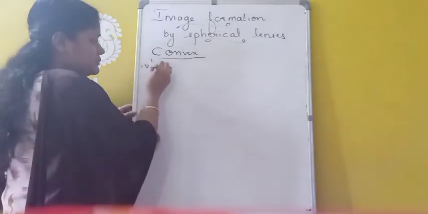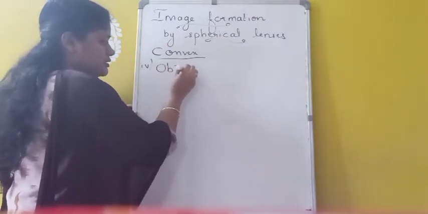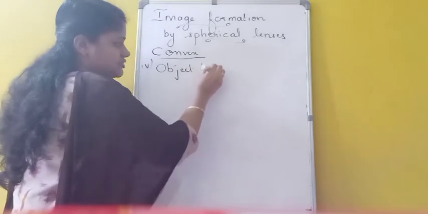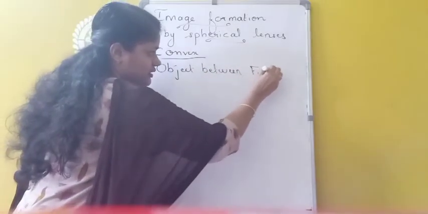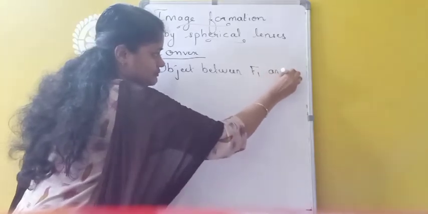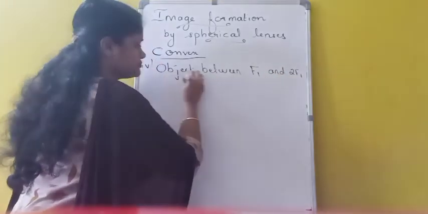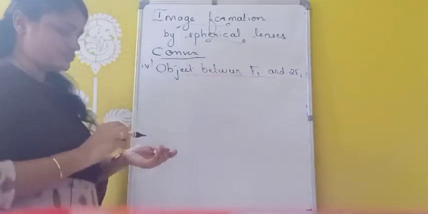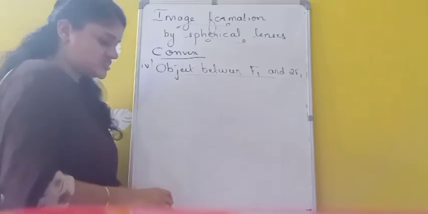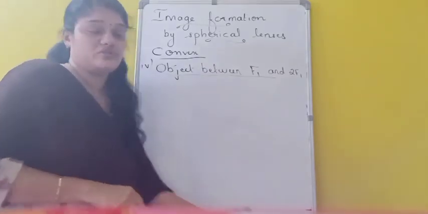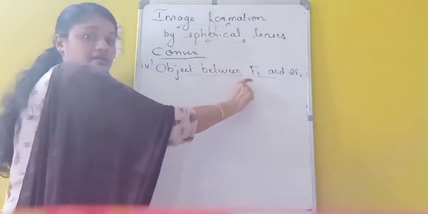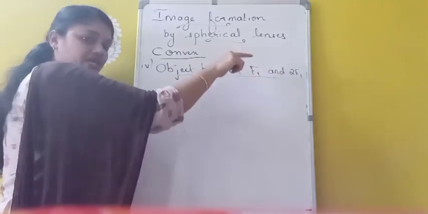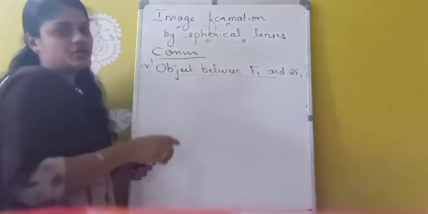Now object between F1 and 2F1. The object is between F1 and 2F1. We already studied the object beyond 2F1. When the object is beyond 2F1, we got the image between F2 and 2F2. Now we are keeping the object between F1 and 2F1.